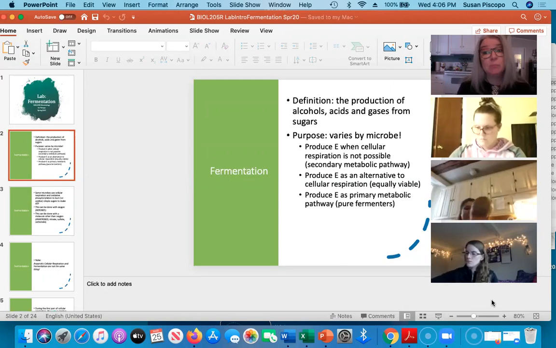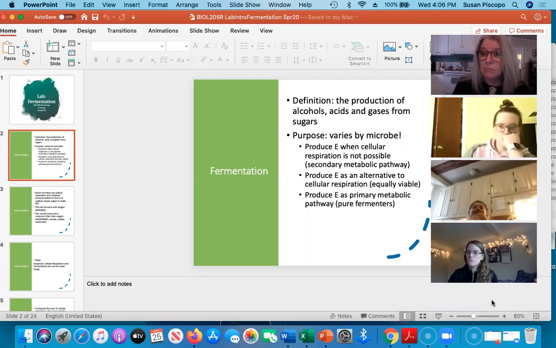It's not what they would prefer to be doing, but under certain environmental conditions, they really don't have any other choice. So there are a lot of organisms that use cellular respiration as their primary metabolic pathway. But under certain conditions, they can't do cellular respiration because that final molecule that they need, either oxygen or some other molecule, just isn't available to them.